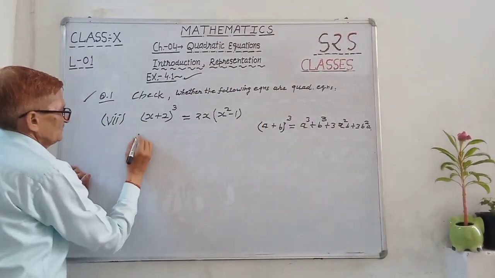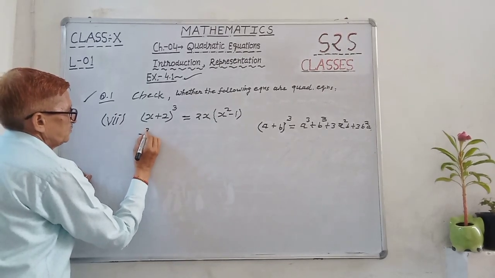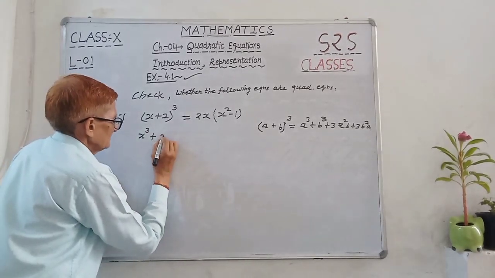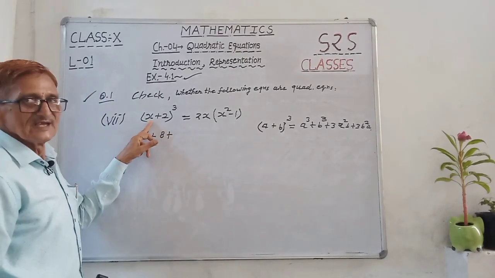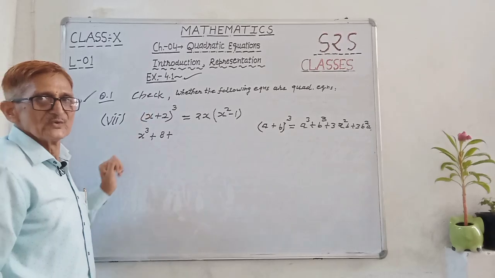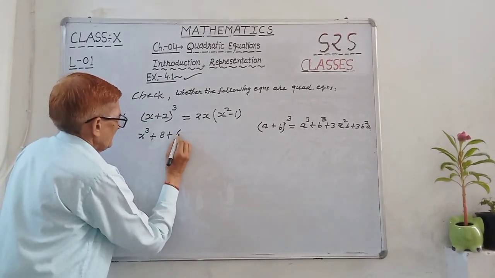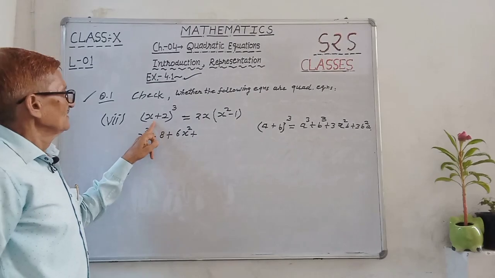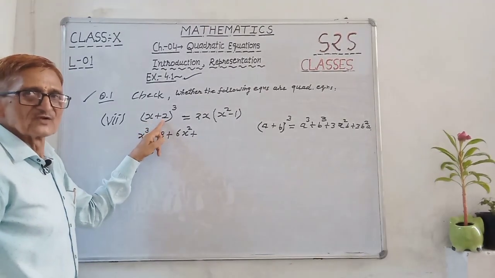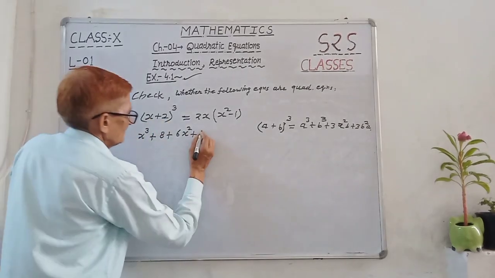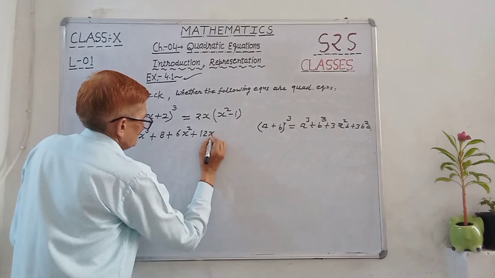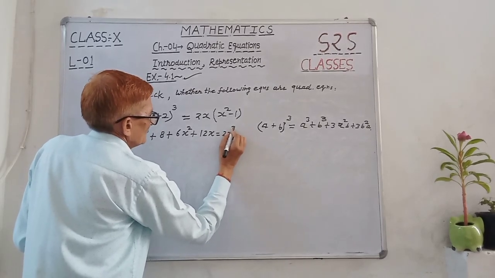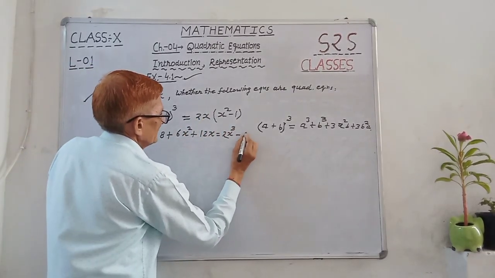Now a cube means x cube, plus b cube, 2 cube, 8, plus 3 into a square into b, so 3x square into 2, 3 twos are 6, 6x square, plus 3 into b square into a. So b square means 2 square, 4. So 3 into 4, 12, into x, 12x, is equal to 2x into x, 2x cube, and 2x into minus 1, minus 2x.